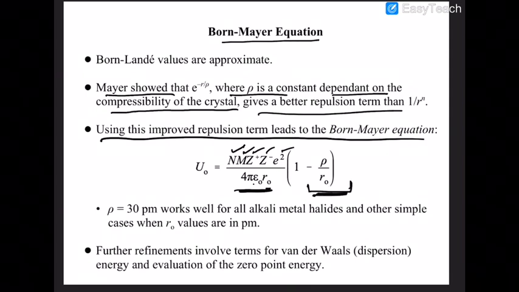This is the new formula where the rho value is 30 picometer. It works well for all alkali metal halides like NaCl, KCl, lithium chloride, lithium bromide, RbBr, cesium iodide, and other simple cases. R naught values are in picometer.